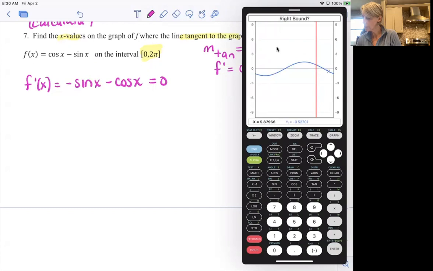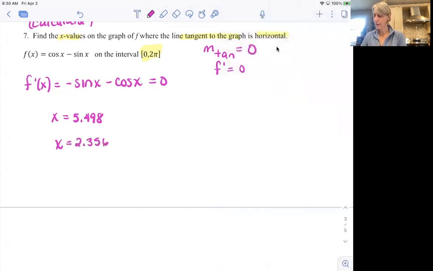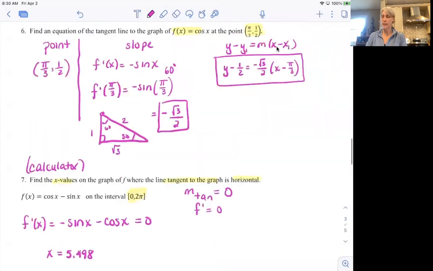We've done this several times this year, so you should know how to do this by now. And my x-intercept is 5.498. I'm going to let you try the other one on your own, and you should get 2.356. And there we have it.